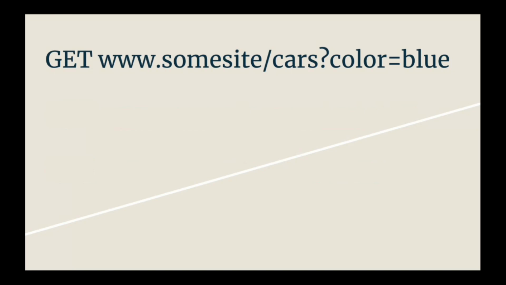The parameter would be called color. You can also think of this as key value pairs. So color is the key, blue is the value. The server would look at the URL and say, okay, I have a key and it's color and it's blue. Since a lot of times APIs are predefined and they have instructions on what to do, the server will know that it has to get all the cars from the database that are blue.